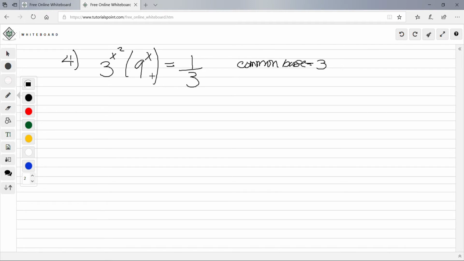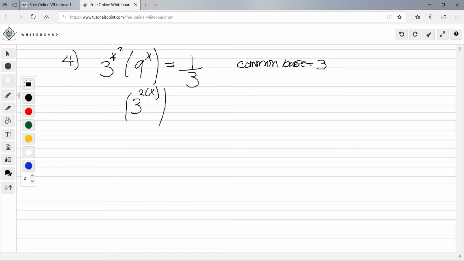So what's another way of writing 9 in base 3? 3 squared, but you have to remember there's an x, so it'd be 3 to the 2x.